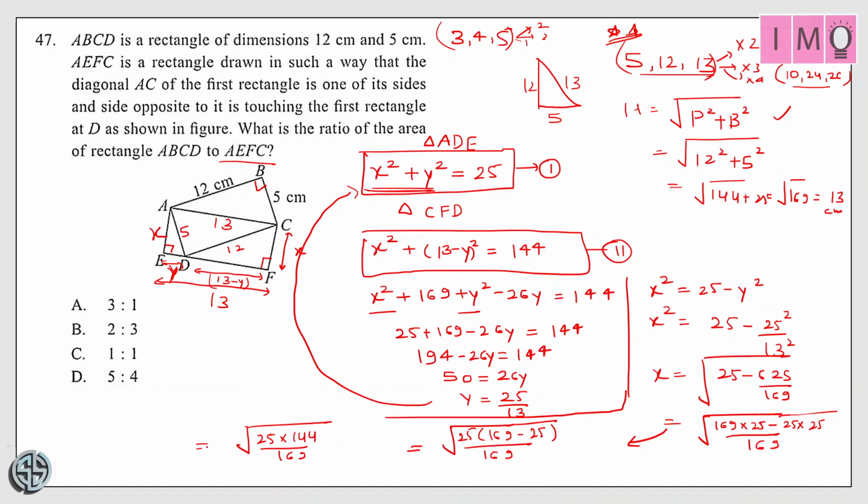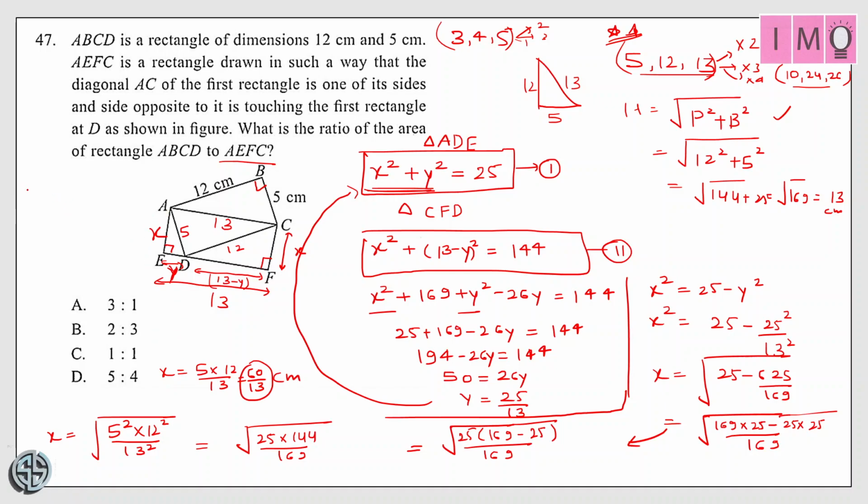You can write that as 5 square and 12 square, and the denominator as 13 square. So overall, the value of x will be 5 into 12 upon 13, that is 60 upon 13 centimeter, which will be the breadth of the rectangle. x was the breadth, right?